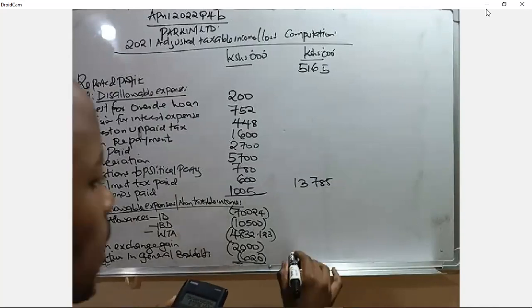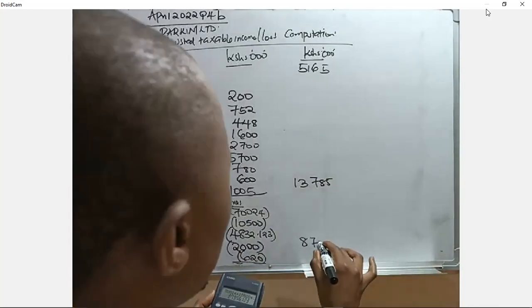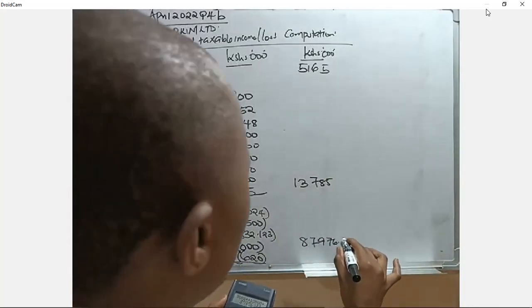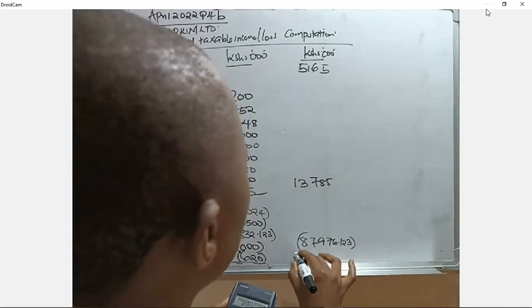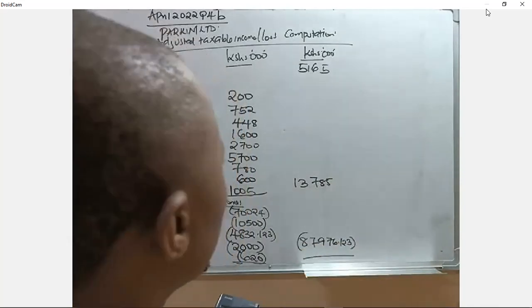This is 87,976.123. So what will be the total here?